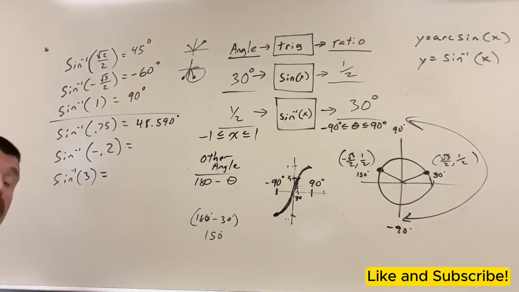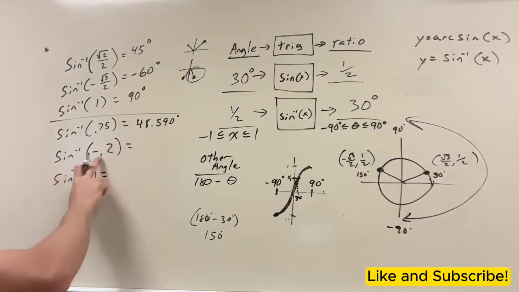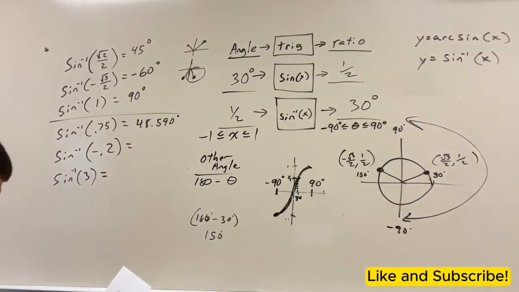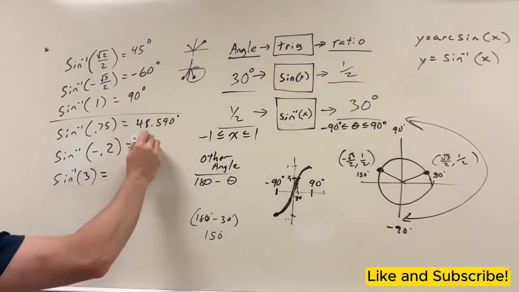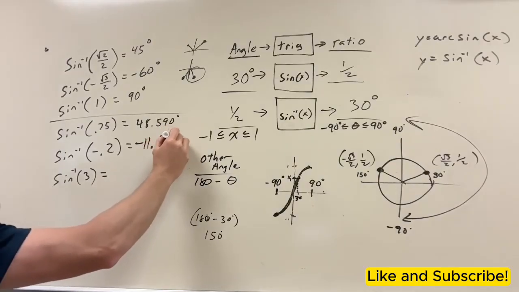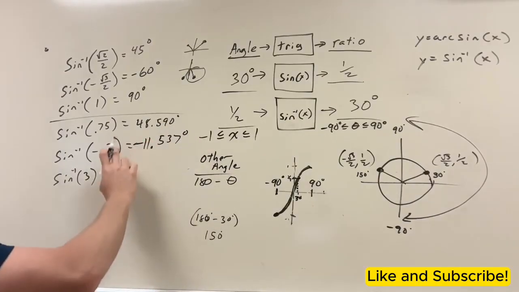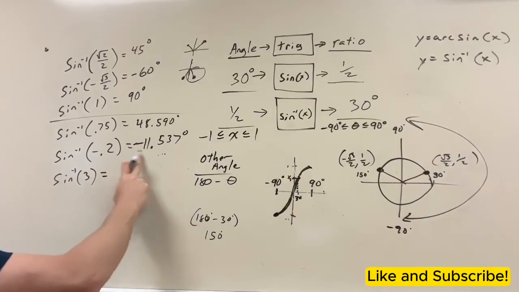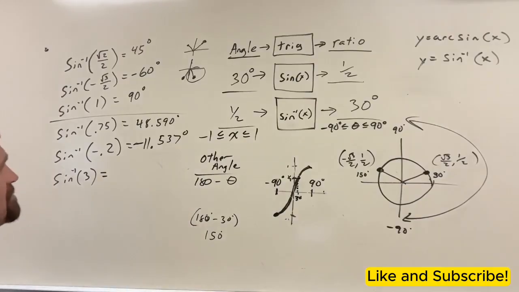If I wanted the second quadrant version, I could just use my other angle formula. Again, arcsine of negative 0.2 would give me negative 11.537 degrees, which is in the fourth quadrant. See how the calculator gave us the negative angle?